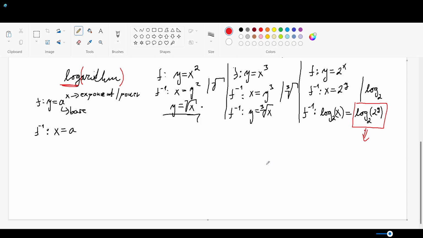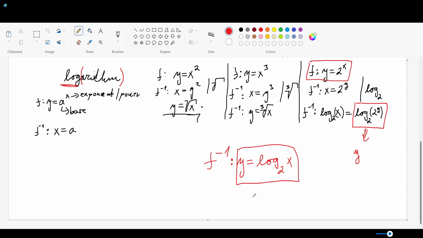Okay, so if we apply this on both sides, we will come to the definition of the inverse function, and the definition says y is equal to log base 2 of x. So this is our inverse function to the exponential function here.